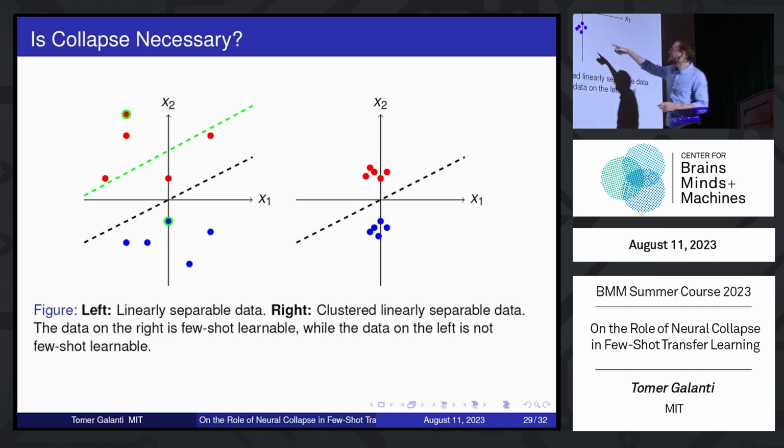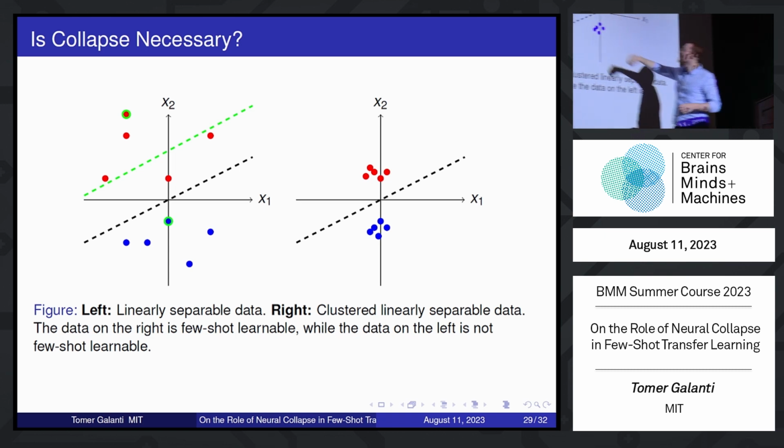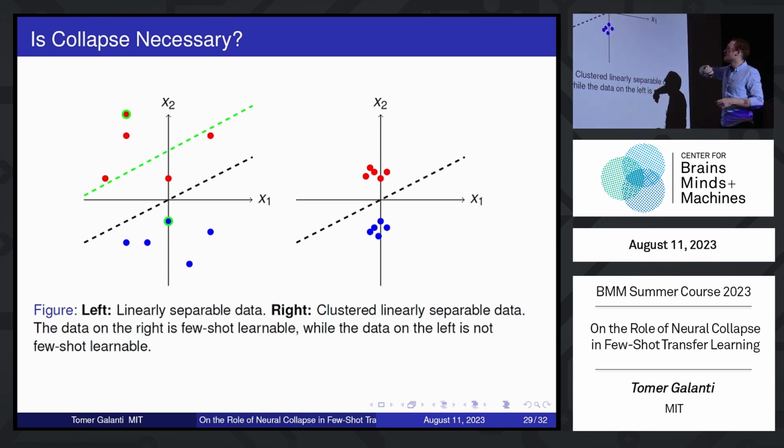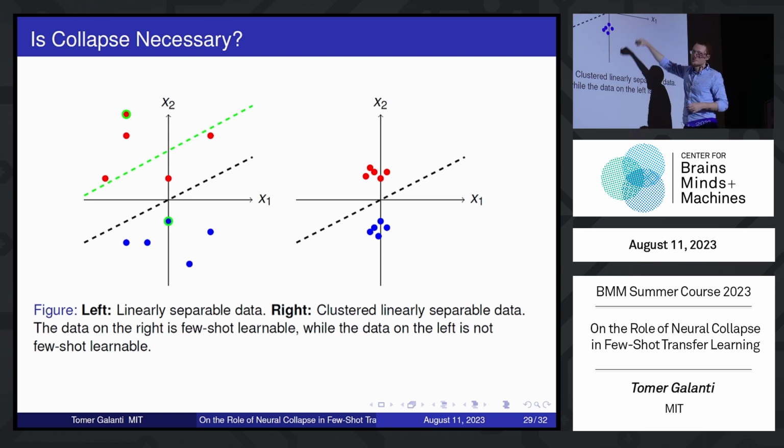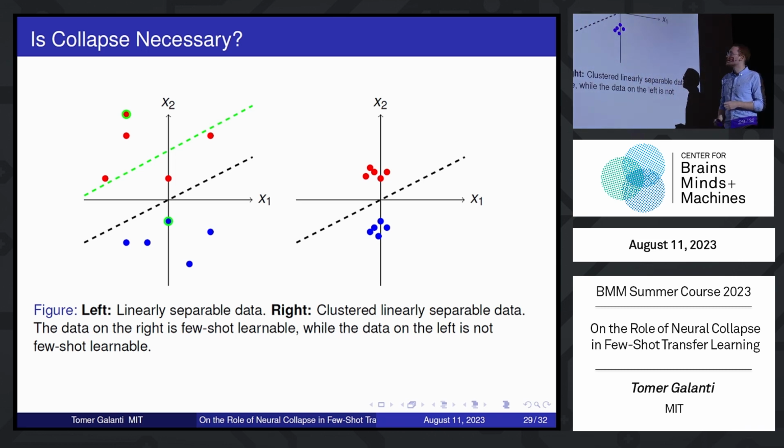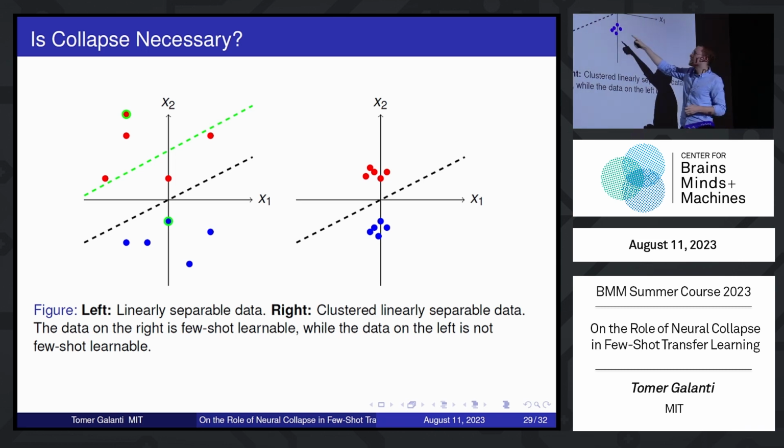This is kind of like a plot we already saw, right? We have two classes, and if we pick one sample per class, then they represent the data well, right? If I learn a linear classifier between the two samples, then this classifier is also going to be good for the other samples.